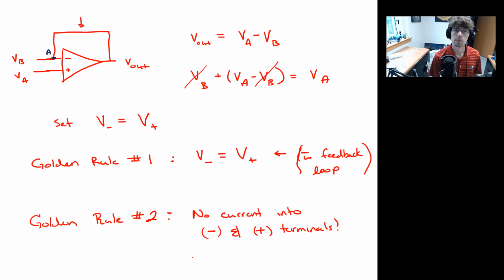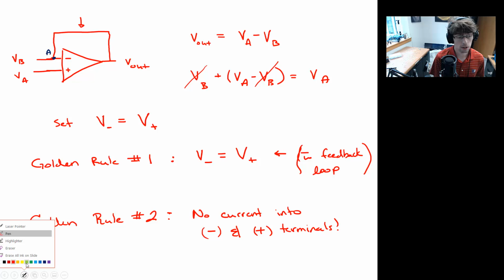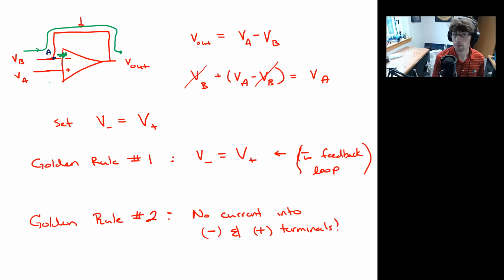So any current that meets an operational amplifier, say you're a nice little electron walking along from source B and you get to junction A, okay, the golden rule number 2 says that that current must take the feedback loop. In other words, it will not go into the negative terminal. Okay. That is not allowed.